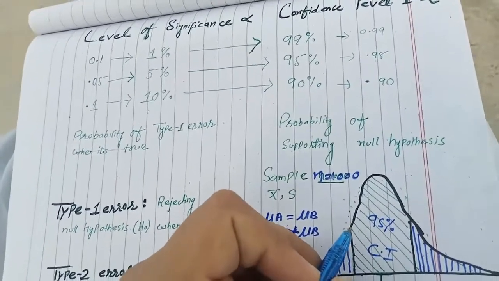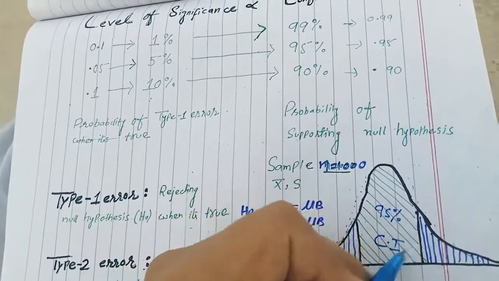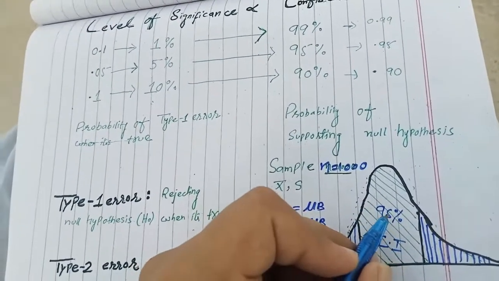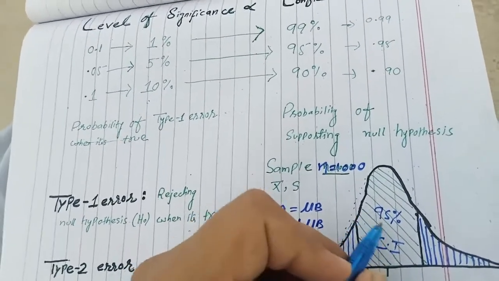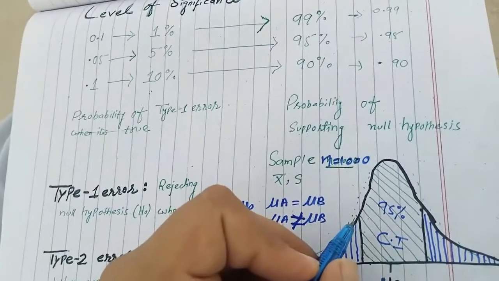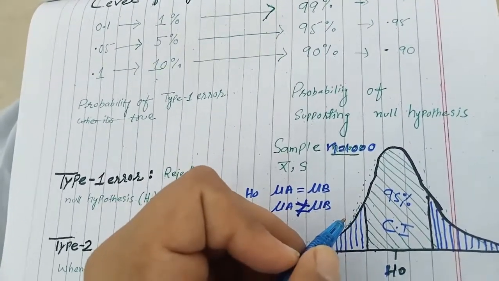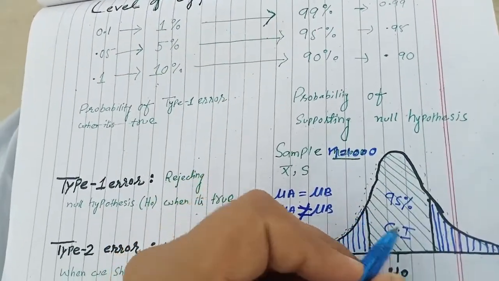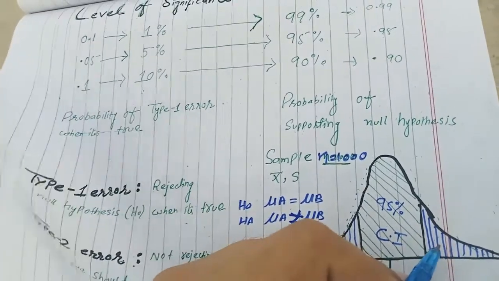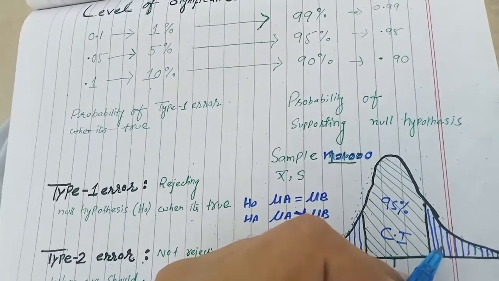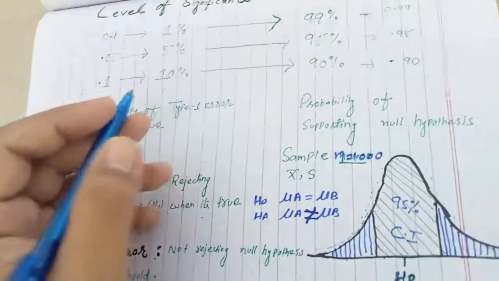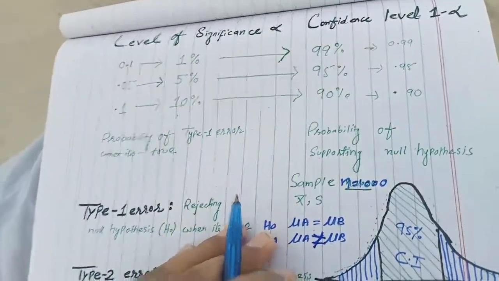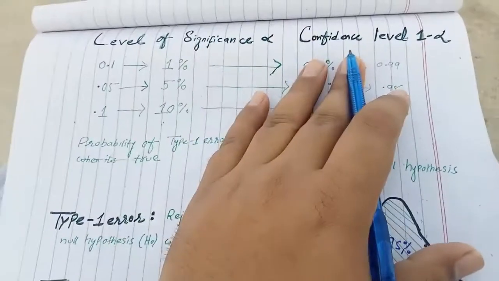If we support the null hypothesis, the confidence level is always here in the green region. And if you are moving toward the blue region, that is known as alpha, which is the level of significance. That is the difference between the level of significance and the confidence level.